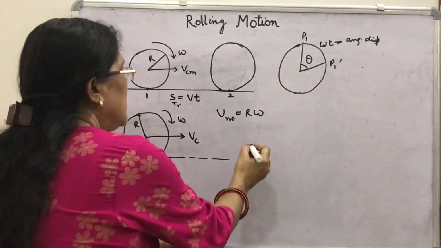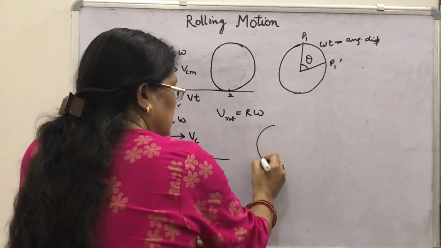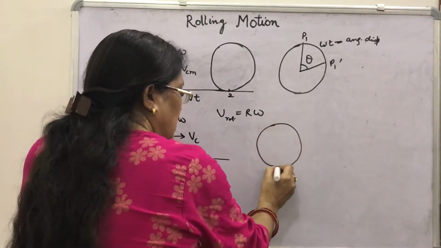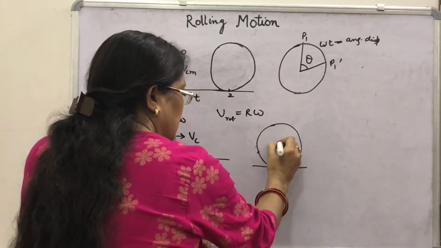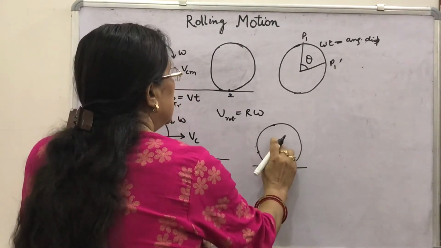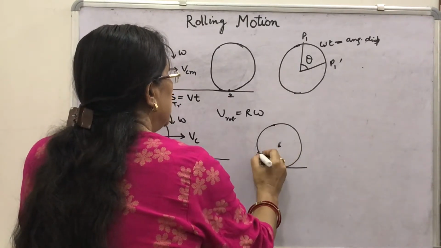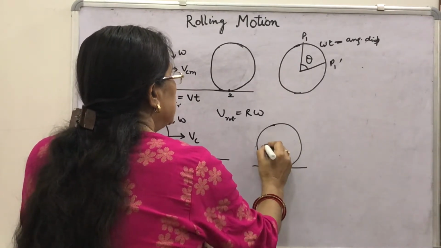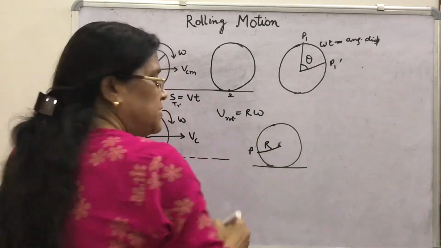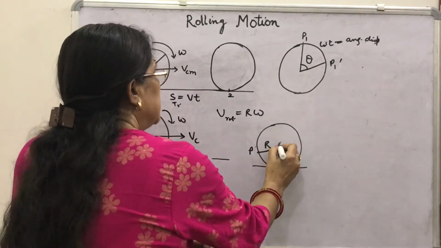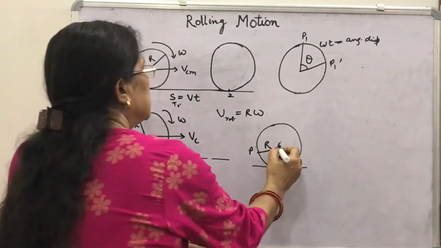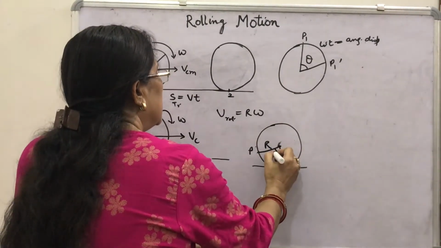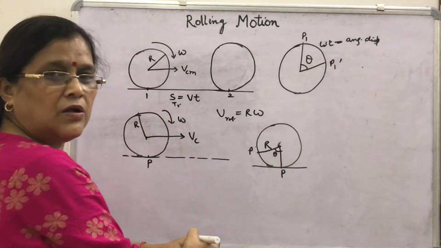Look here. Suppose the point P comes to the situation like here. Okay, this is the center. Then this is the radius also. The point P comes here and this is the point P. Originally it was here. What is the angle? It is theta.